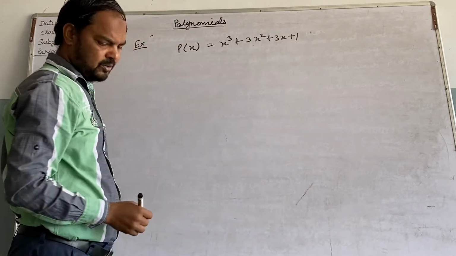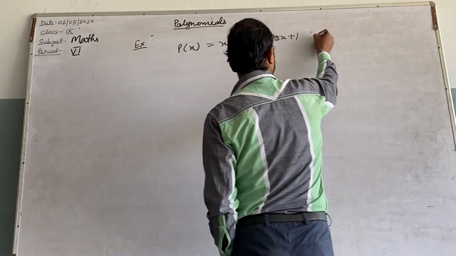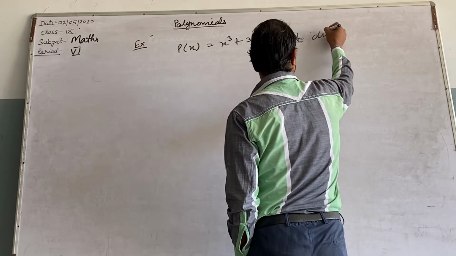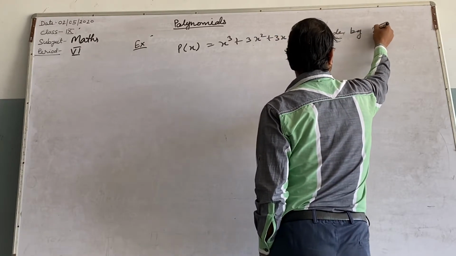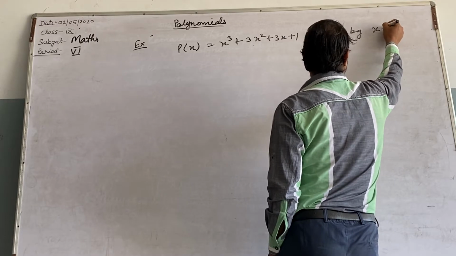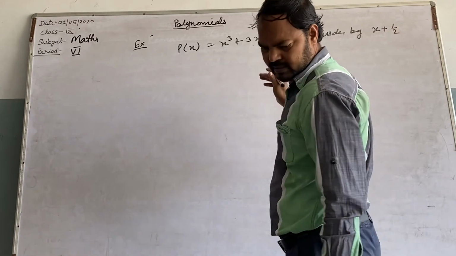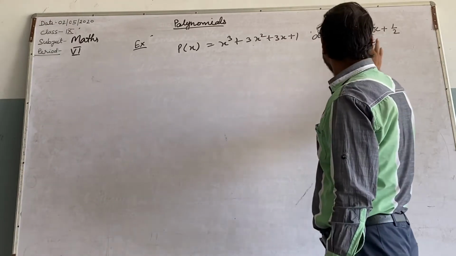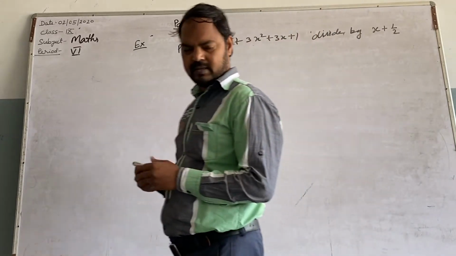This is a polynomial, and it should be divided by x plus 1 by 2, or simply x plus 1.2.